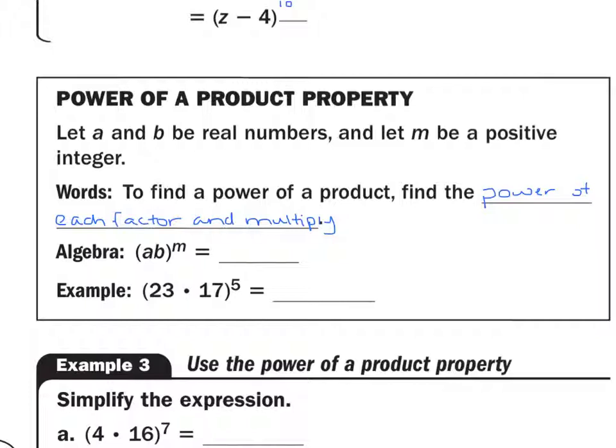So in algebra, ab raised to the m power is a to the m power times b to the m power. So if we had 23 times 17 all raised to the fifth, that would be 23 raised to the fifth power times 17 raised to the fifth power.